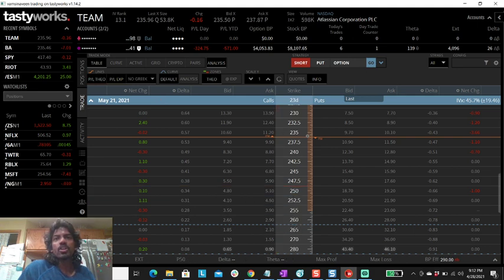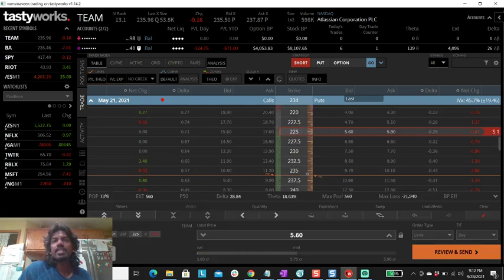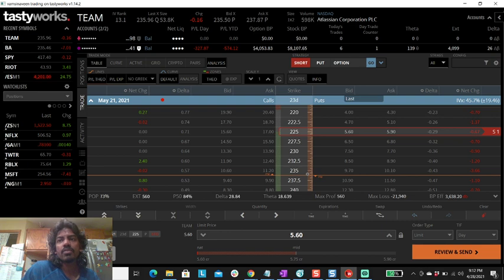If you are bullish, the other way to do it is you could also sell a put option. Right there, the stock's at 225. You could sell the 225 put option, and you have $560 of max profit. Of course, max loss is if the stock goes all the way to zero, you lose $21,940.